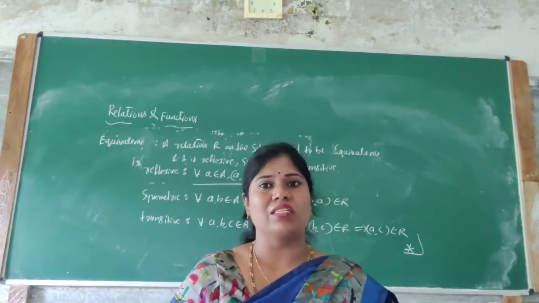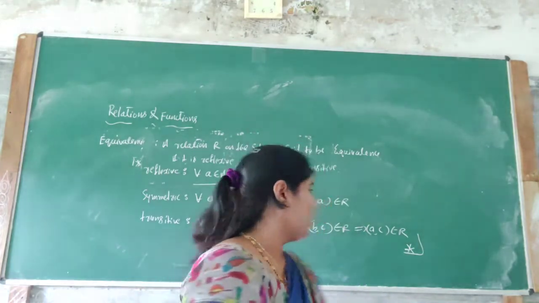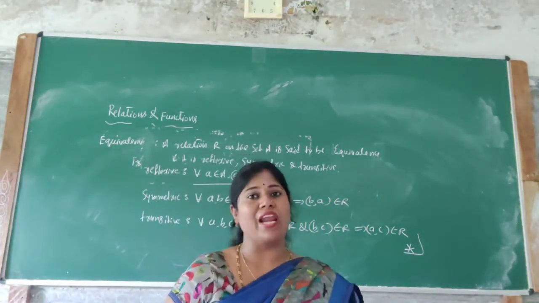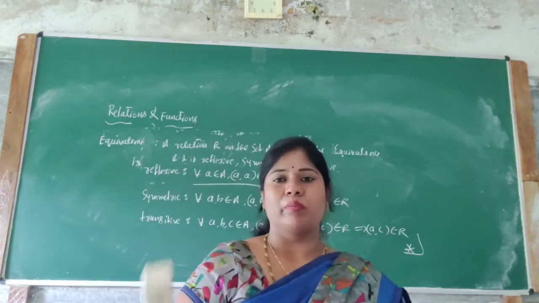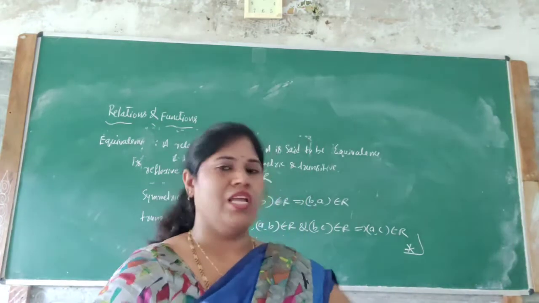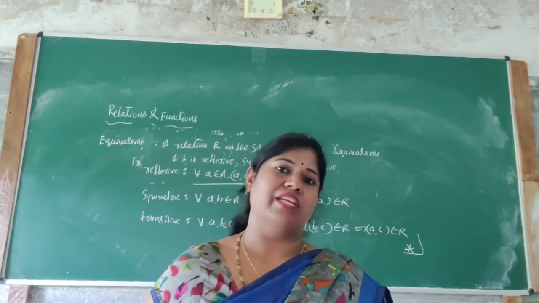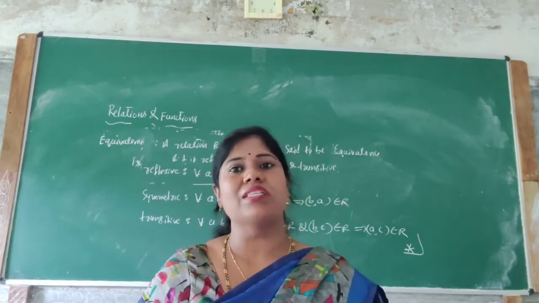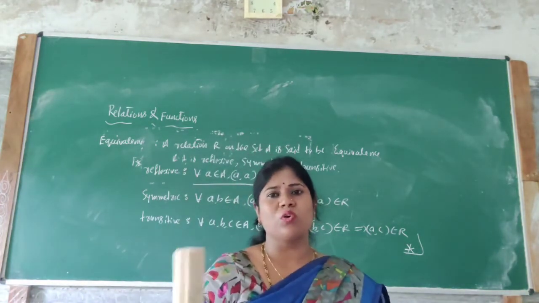Transitive: a is parallel to b and b is parallel to c implies a is parallel to c. All three conditions are satisfied. Therefore, it is an equivalence relation. Okay, you understood? So, you should know it thoroughly.